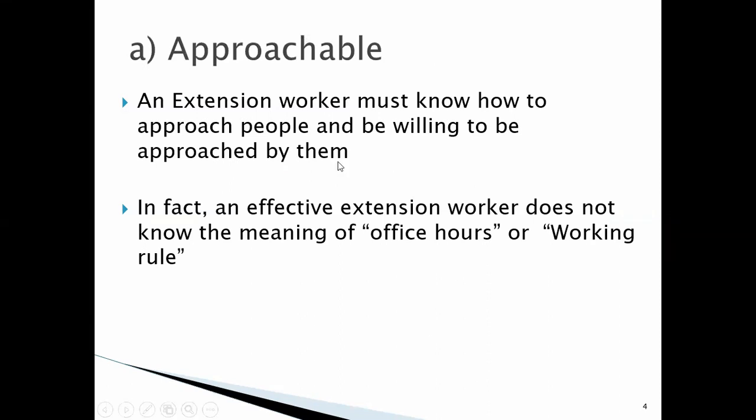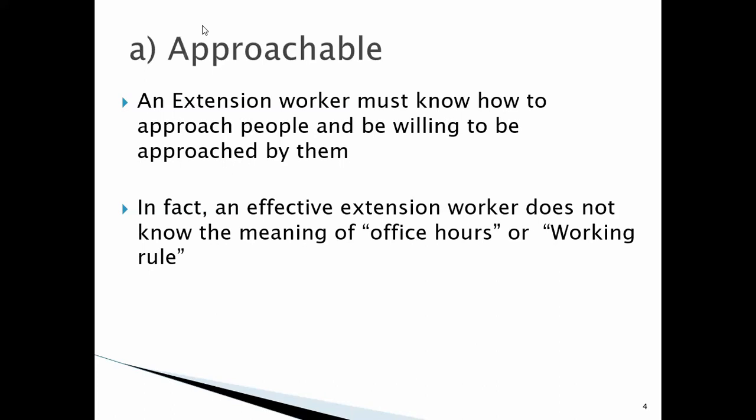And being approachable means, for example, you don't worry about what is office hour and what is working role. You should be able to work in off hours. If your office hour is 8:30 to 4:15, as an extension worker you should be able to work after that, even on weekends and holidays, right?